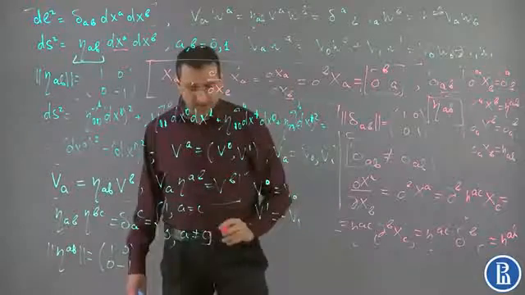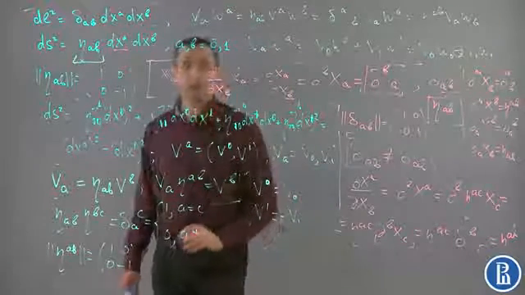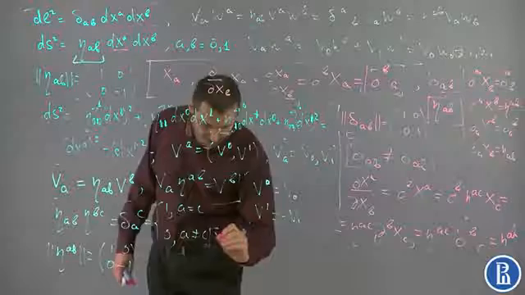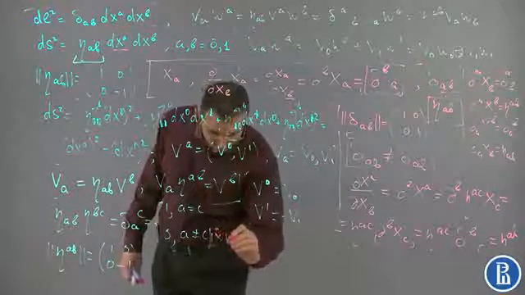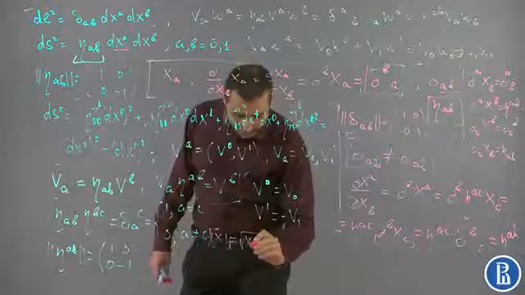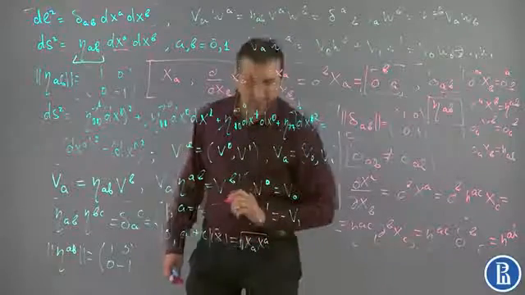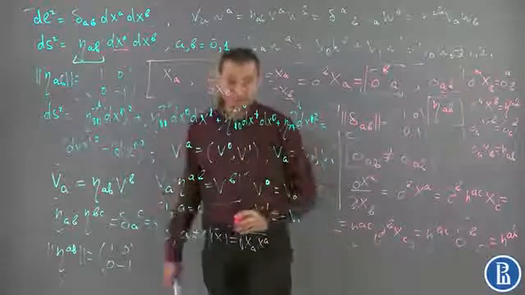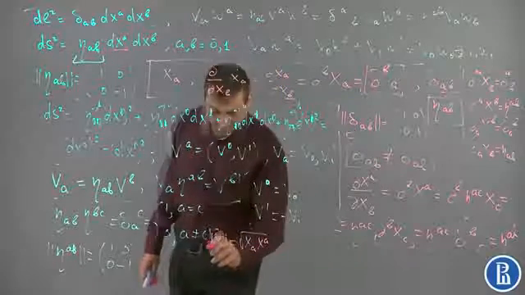For example, let me introduce the norm. Well, the norm I already introduced, but what it means: the modulus of x is just the square root of xa xa. Let us see what this equals.